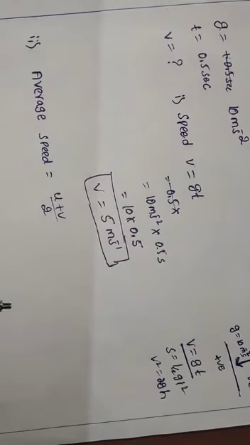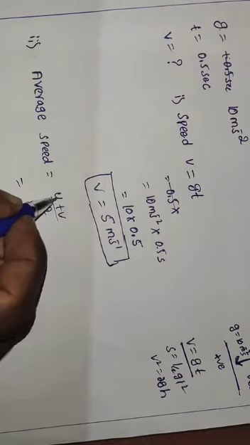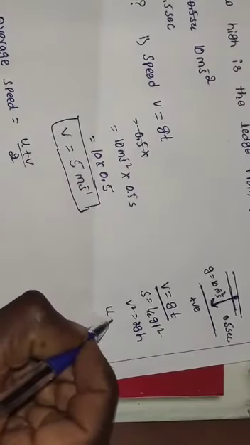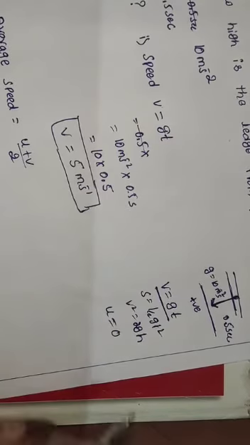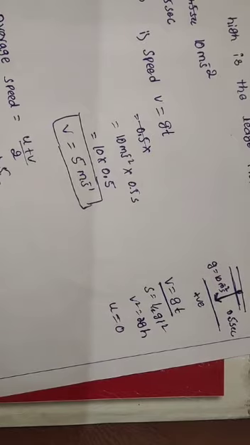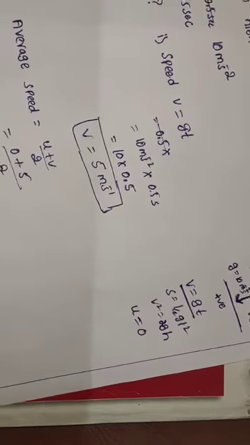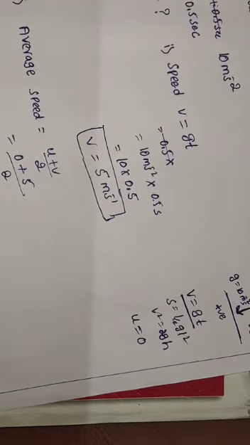Here the initial velocity u is 0, the object is initially at rest. So 0 plus 5 divided by 2 is 2.5. The average speed is 2.5 meter per second.